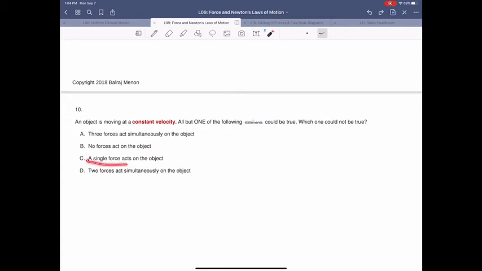But now look at C. C says a single force acts on the object. Well, if a single force acts on an object, then the net force can never be zero. So this is the statement which could not give you a situation where the object is moving at a constant velocity. If a single force acts on an object, that object will always be accelerating.